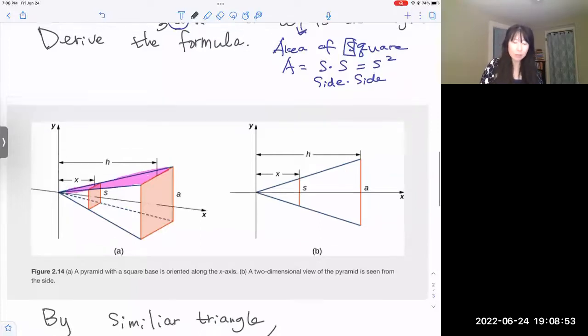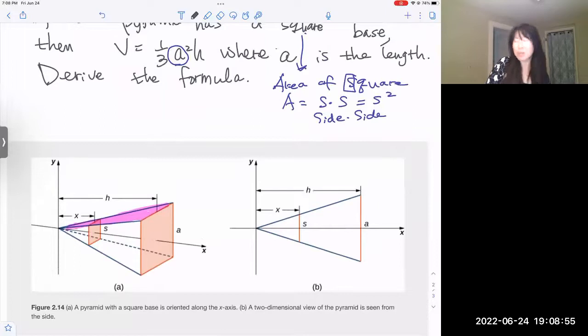Let's see, they give us A, so let A equal to S, all right?